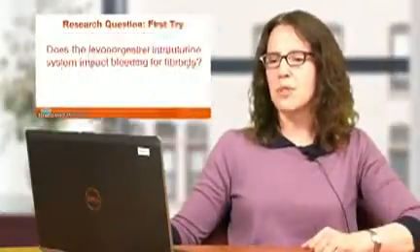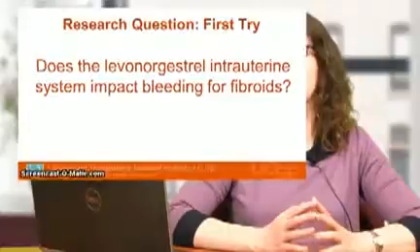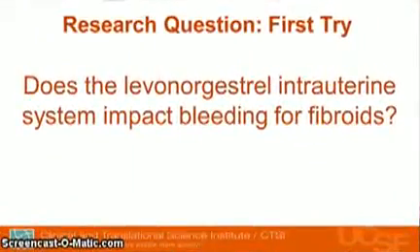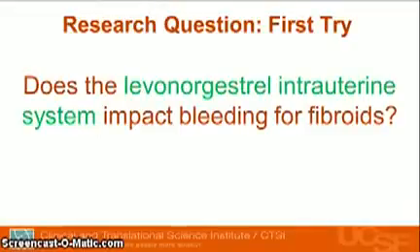So she came up with a research question, and here was the first try. Does the levonorgestrel intrauterine system impact bleeding for fibroids? So let's look at this question. First of all, we can identify the predictor here. It's the levonorgestrel intrauterine system. And then let's look for the outcome.